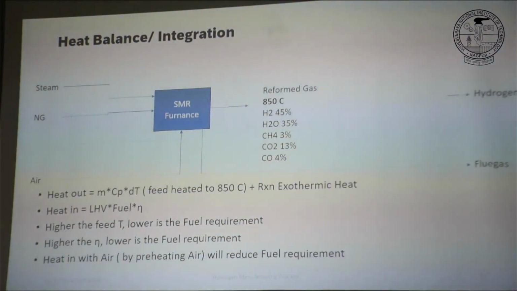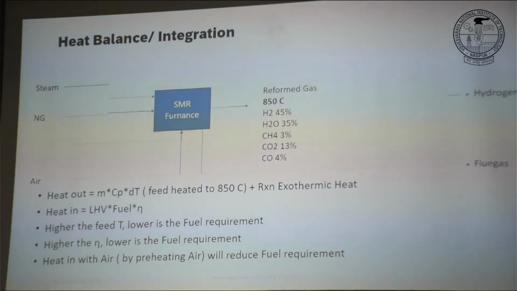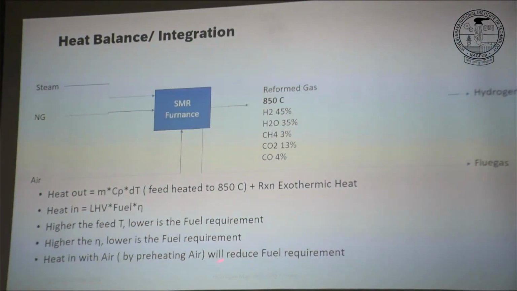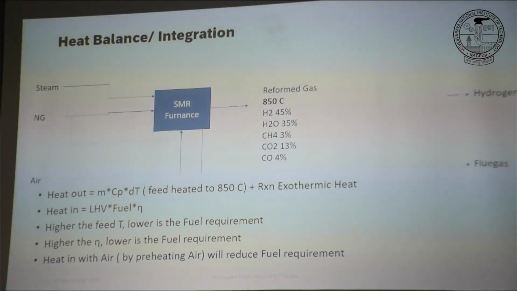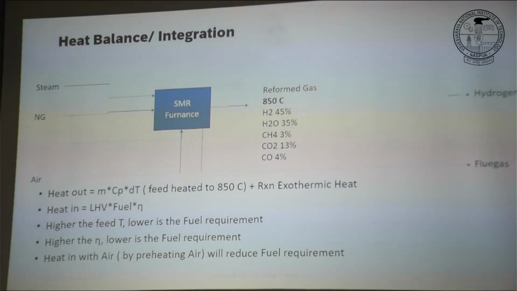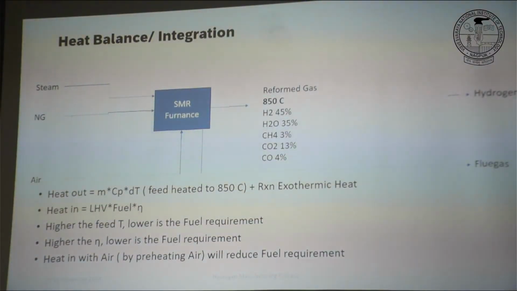So that means if I increase the temperature of air, my heat in is increased, right? So if I have hotter air going into the furnace, I will also need less fuel, right? So that's basically a little bit about optimization, the trade-off between CapEx and OpEx across the fuel system.